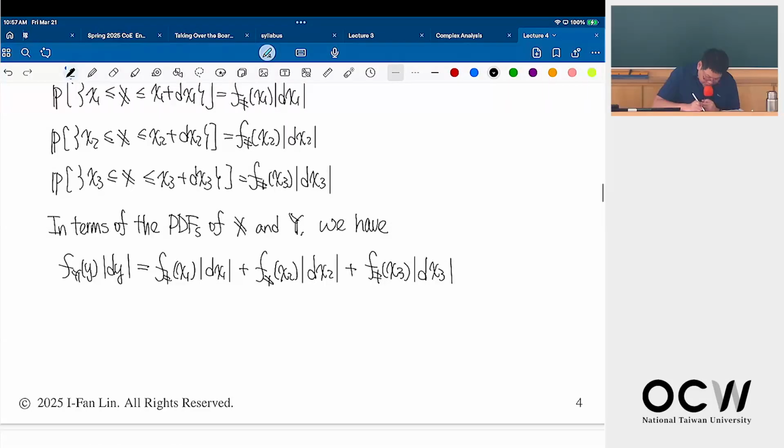Therefore, finally we can find our PDF of y. That is your f of x at x1 of y times dx1 of y over dy.